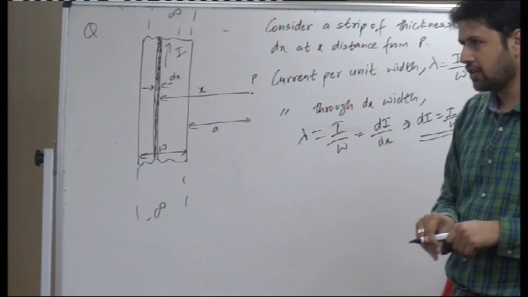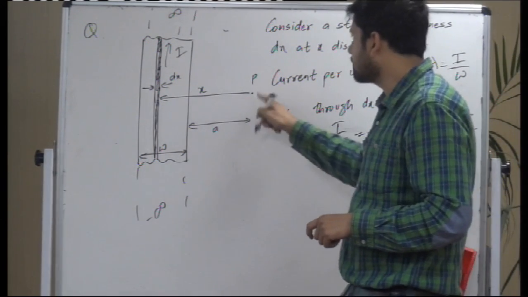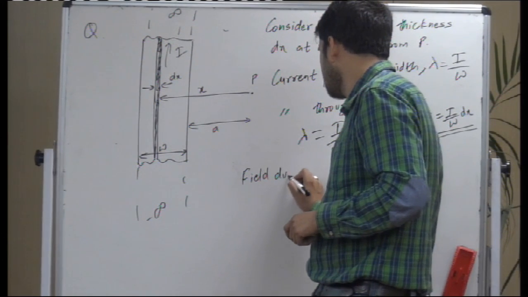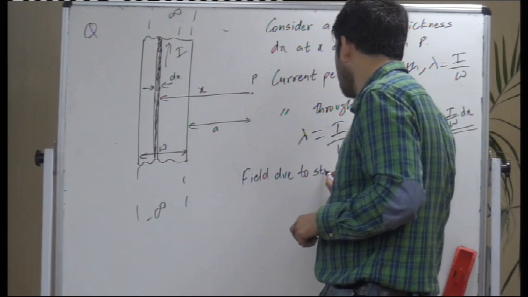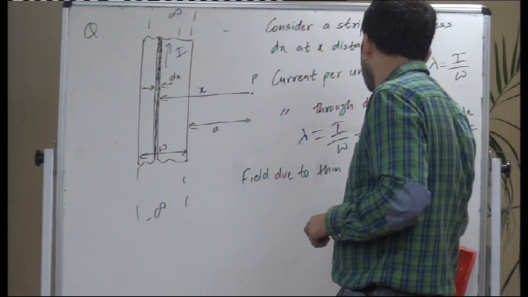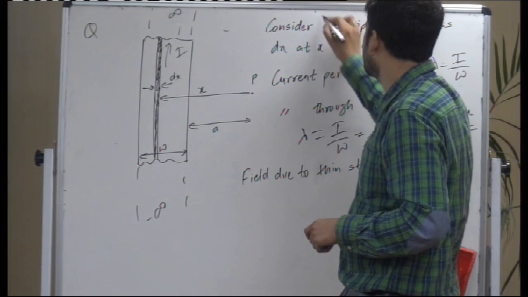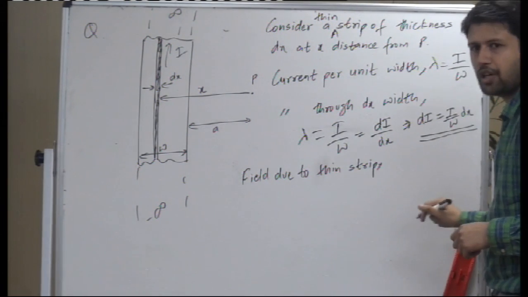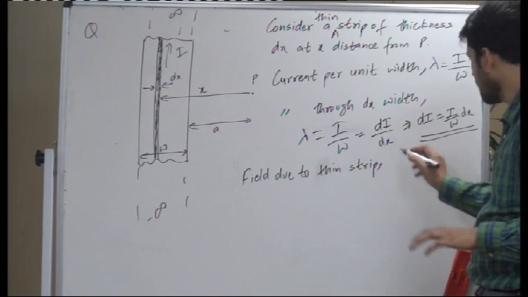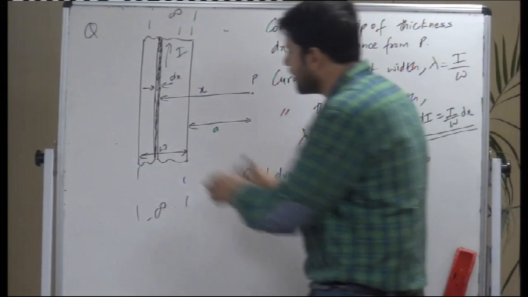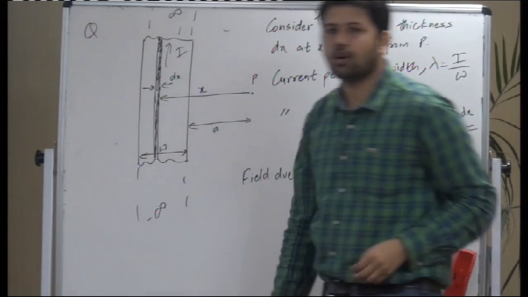Is it okay? Field due to this thin strip would be how much? dB is equal to mu naught di upon 2 pi x, because this thin strip can be considered like a long wire.